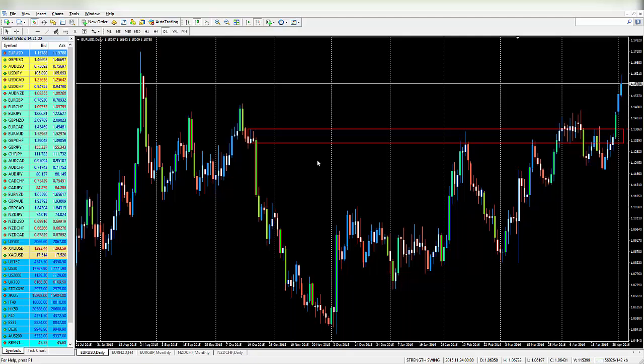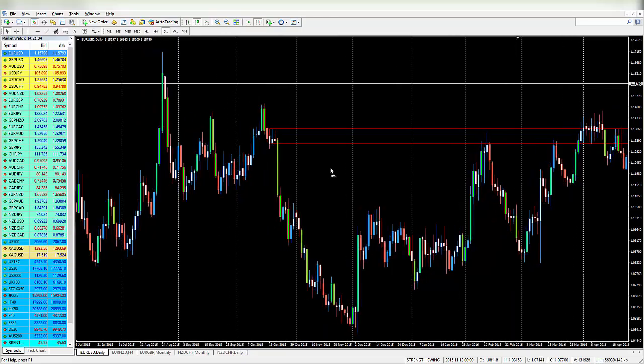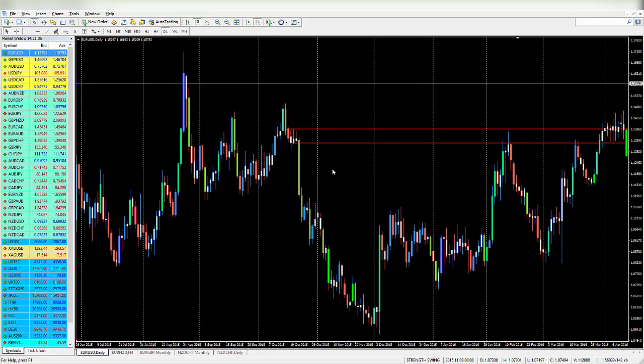Well, first of all, you have to ask yourself, what's the structure of price? Well, the structure of price is normally discussed in terms of trend lines, highs and lows, and so on and so forth. And this is why we use trend lines to qualify areas of supply and demand and opposing areas of supply and demand.